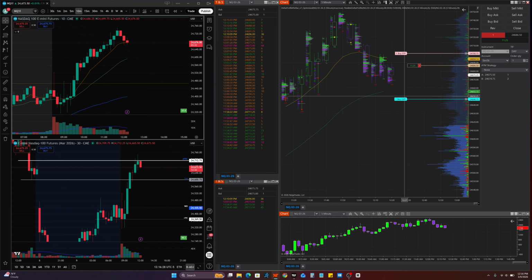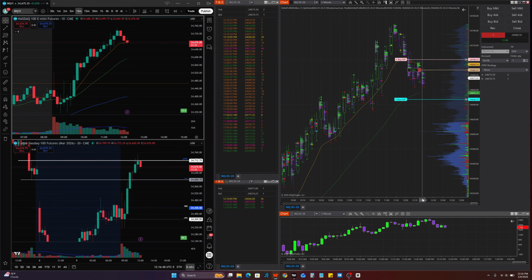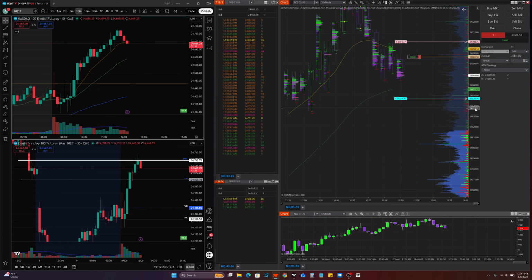We want continued aggression. We don't want a candle to form support down here at 670s. You can see on the tape, there's continued aggression from the sellers.